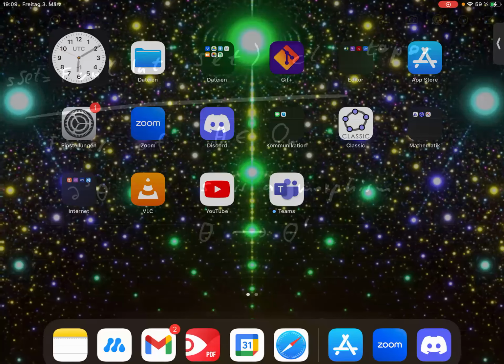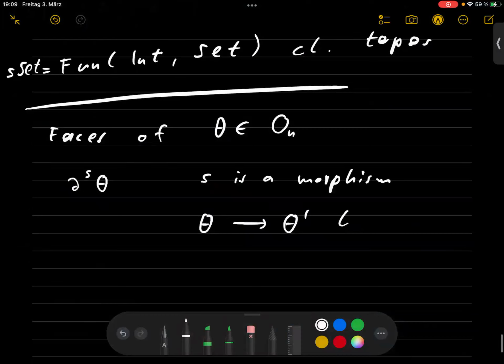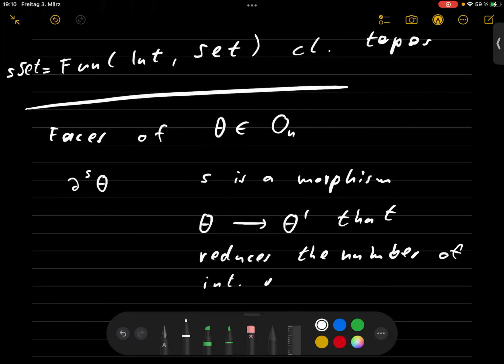That contracts exactly one interior morphism, that reduces the number of interior vertices by exactly one. So essentially, you compose one possible morphism in this sense.